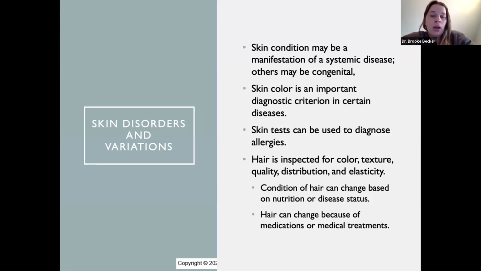Okay. Hair can also change because of medications or medical treatments. So most commonly, probably people think of chemotherapy, right? Eventually our hair falls out from chemotherapy. And then once we're done with chemotherapy, it can grow back. Sometimes it grows back differently, but there's also some supplements and things over the counter that can affect hair and cause changes in texture or growth.